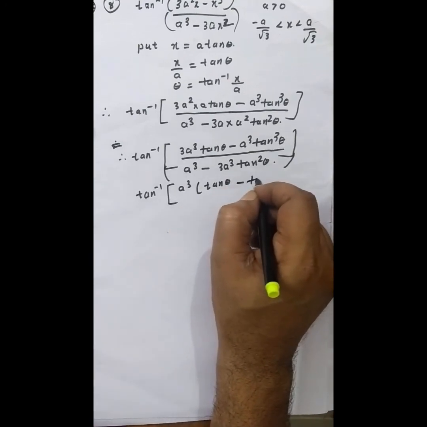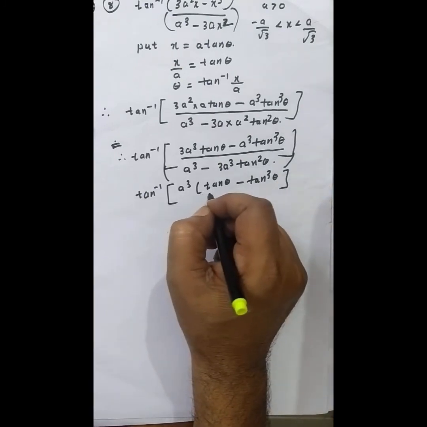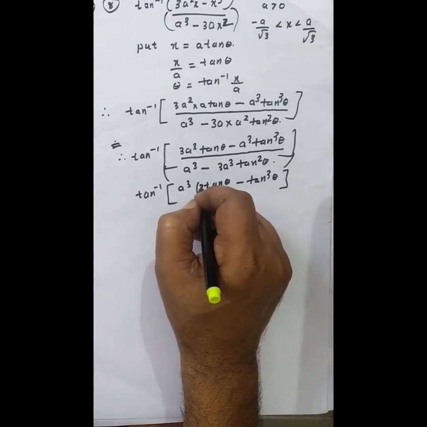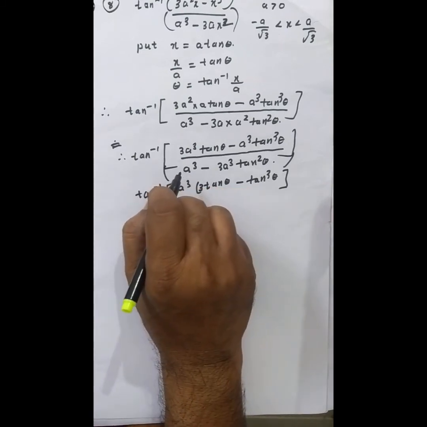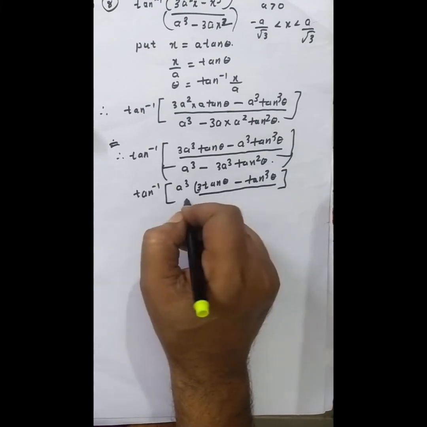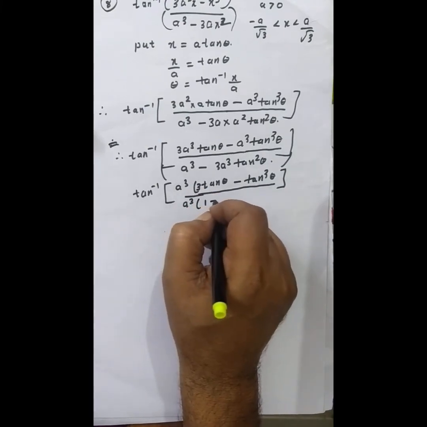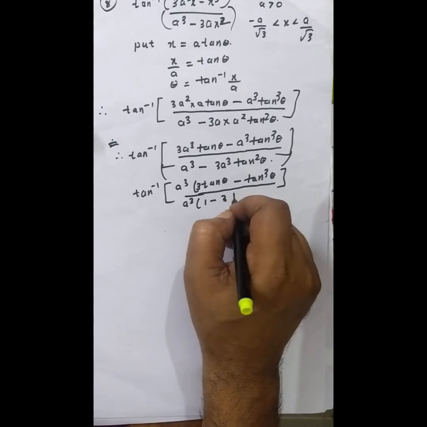So it will be tan inverse of a cube into bracket 3 tan theta minus tan cube theta, divided by, again in the denominator, if you take a cube outside, 1 minus 3 times tan square theta.